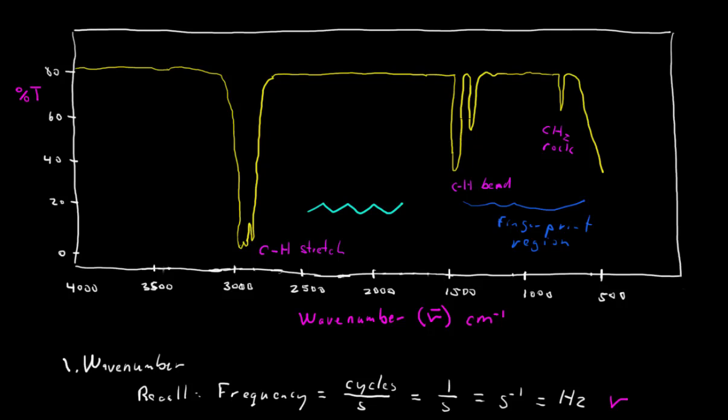So you'll never see exactly the same fingerprint region in different compounds, because these different types of frequencies are highly dependent on the structure of a molecule. Most of our information on the functional groups comes in the higher frequency regions beyond the fingerprint region, at wave numbers higher than the fingerprint region, as we're going to see as we move from one functional group to the next below.